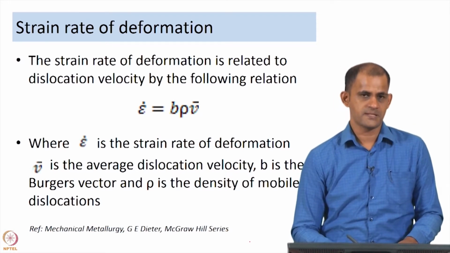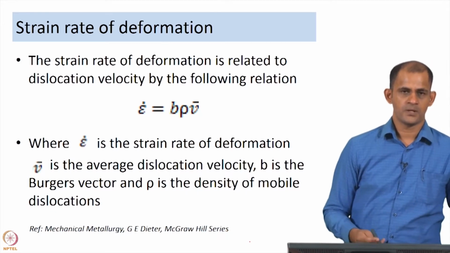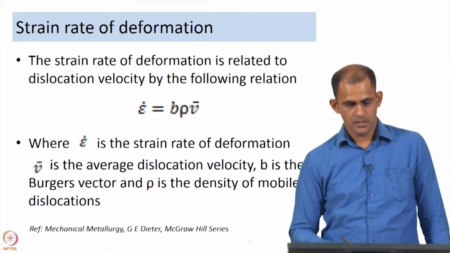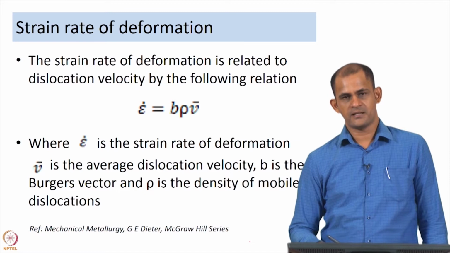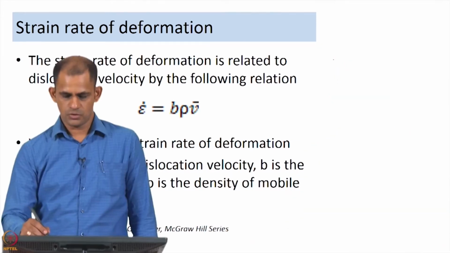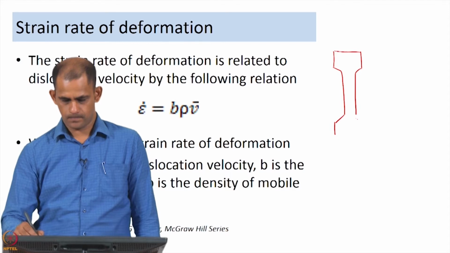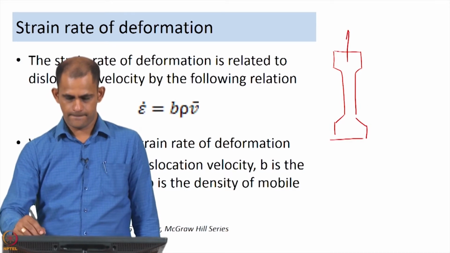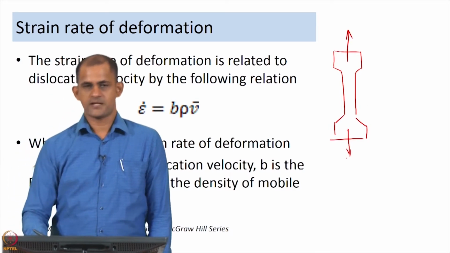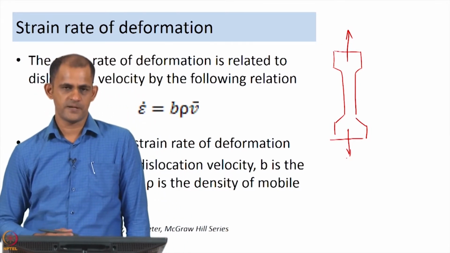The first concept is about strain rate of deformation and how this depends on the velocity of the dislocation. When you are doing any mechanical deformation, let us take the example of a tension test. Say it is loaded on a universal testing machine and you have applied a certain crosshead speed.